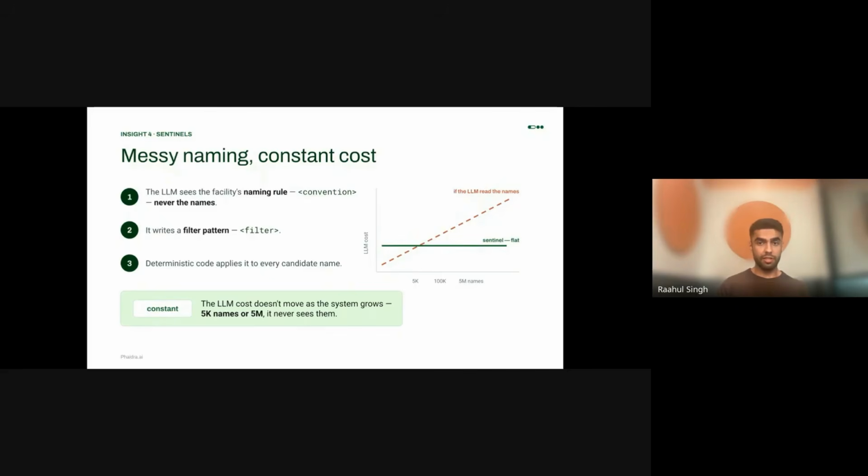The LLM never has to see a very large number of tokens. All it needs to do is see some patterns in the naming convention, figure out what exactly the user is talking about, create a pattern, and then we can execute it on the backend ourselves.